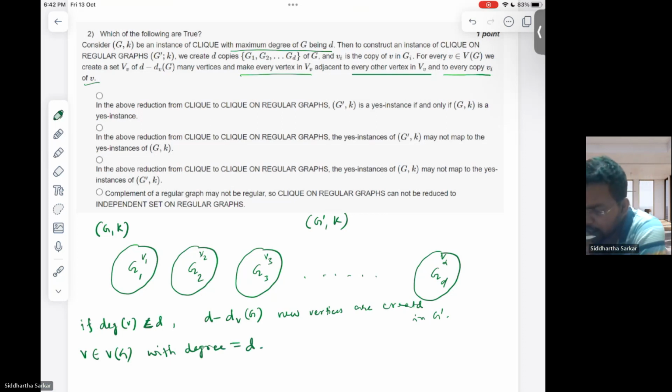Then d minus d_v(G) is actually 0, so we don't need to make any new vertices, and you have only created these copies.